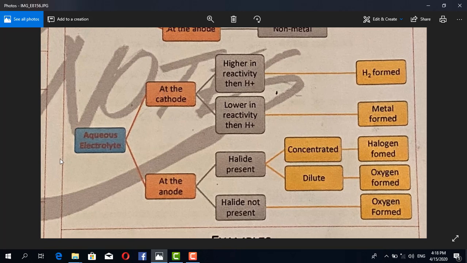Meanwhile, in an aqueous electrolyte, where the substance is a liquid, at the cathode we've got two cases: the metal is either high in reactivity or low. If it is high in reactivity, hydrogen is formed, and if it is low in reactivity, the metal is formed.